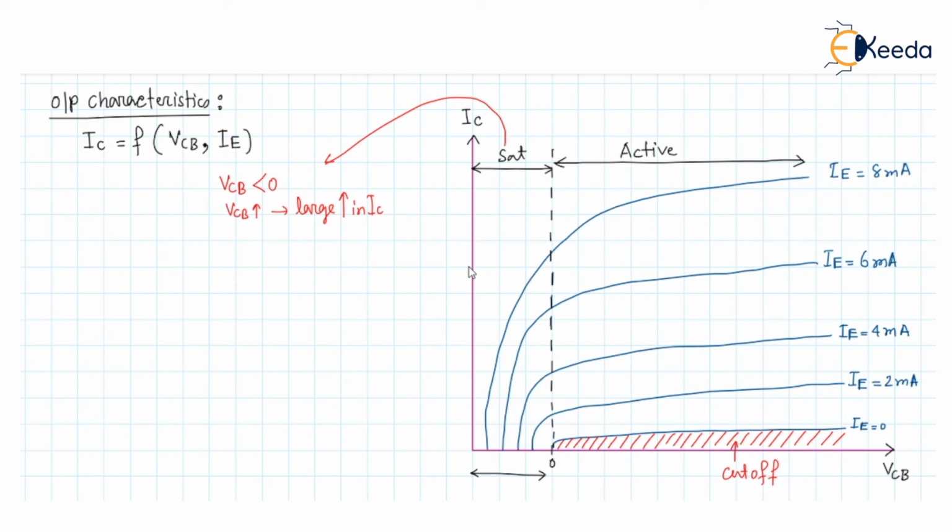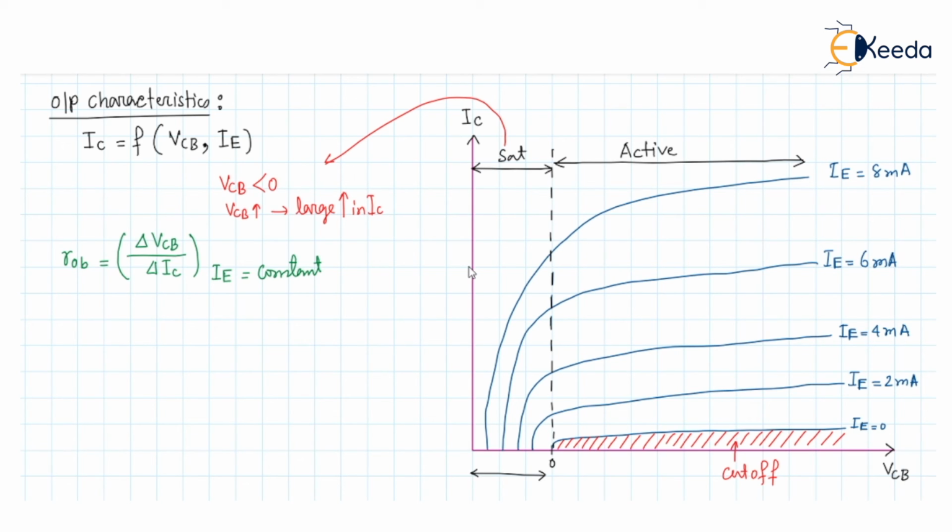From these output characteristics, we can find the output resistance like this. ROB can be defined as del of VCB divided by del of IC when the IE current is constant. And the output characteristic curves of common base transistors are almost linear and parallel to the voltage axis.